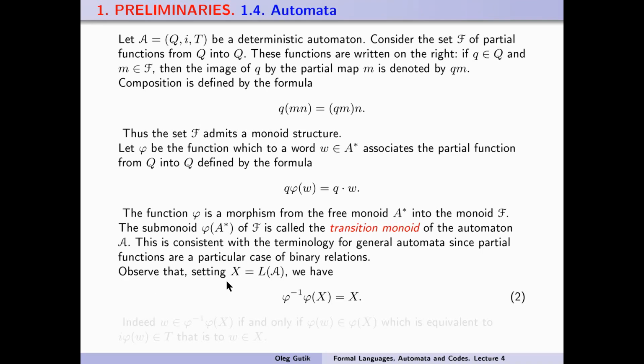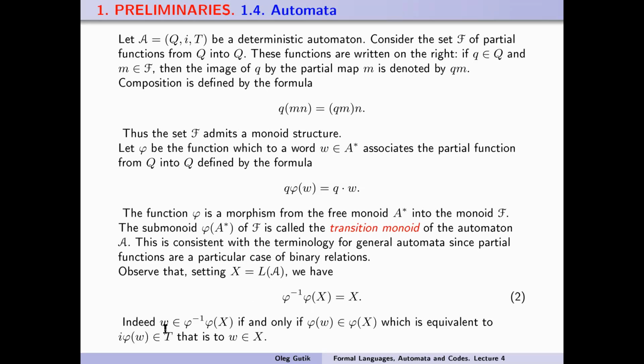We remark that if we put X as the set of all words which are recognized by automaton A, we have that phi minus 1 phi of X is equal to X.